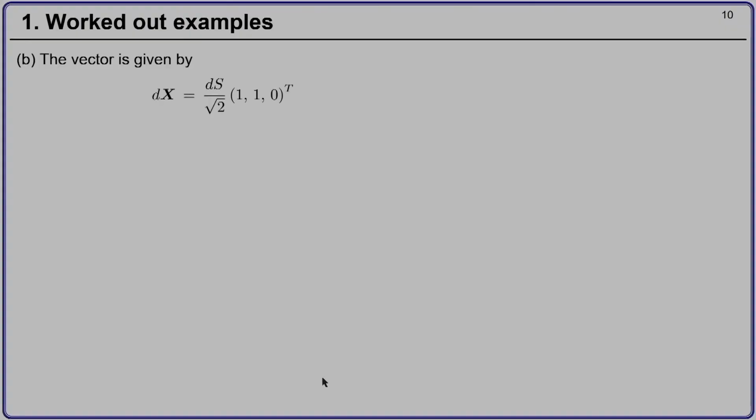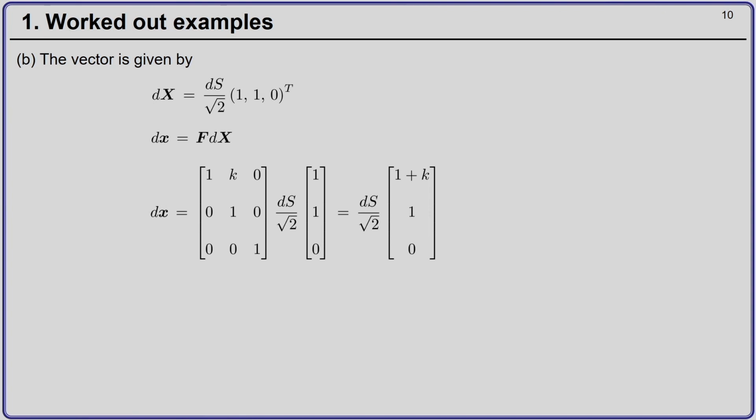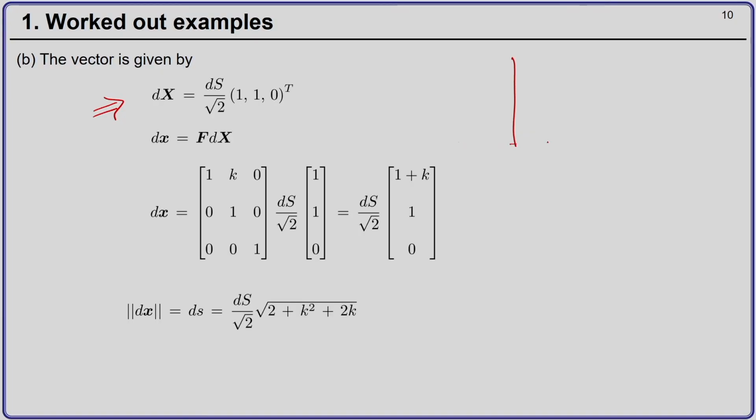Now we have to find out what happens to a vector which is E1 plus E2. So you have capital X1, small x1, capital X2, small x2.